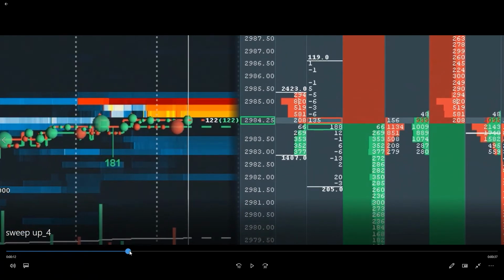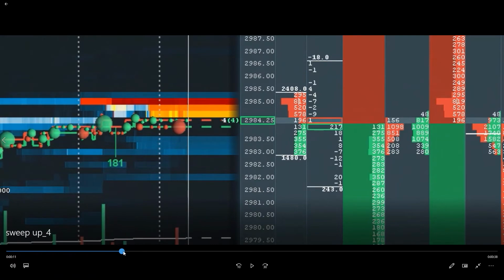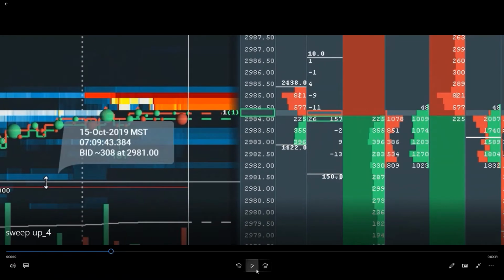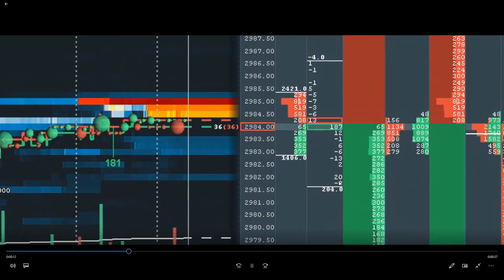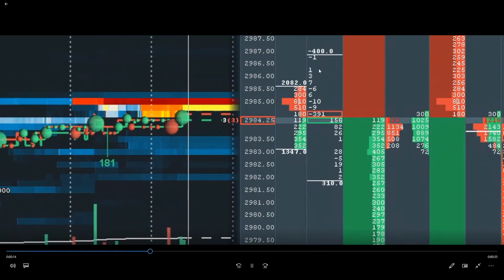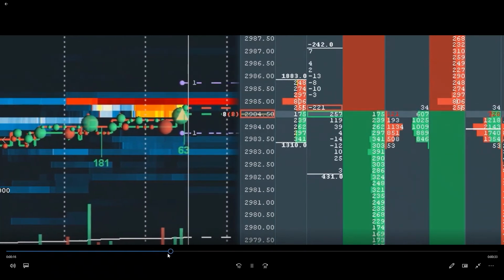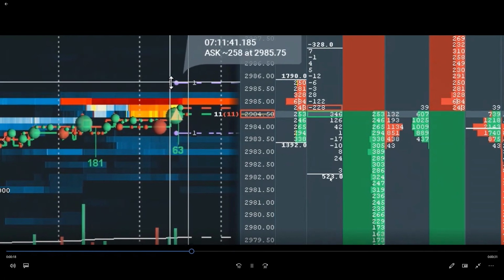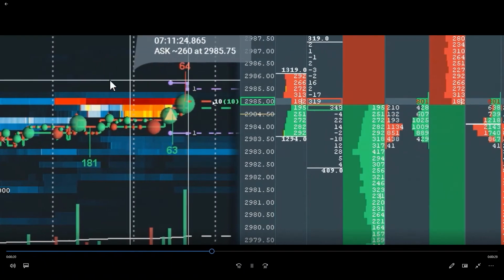But when you get here, that's what I'm talking about. Look at the pulling and stacking. Look, 470, 500 minus over there.